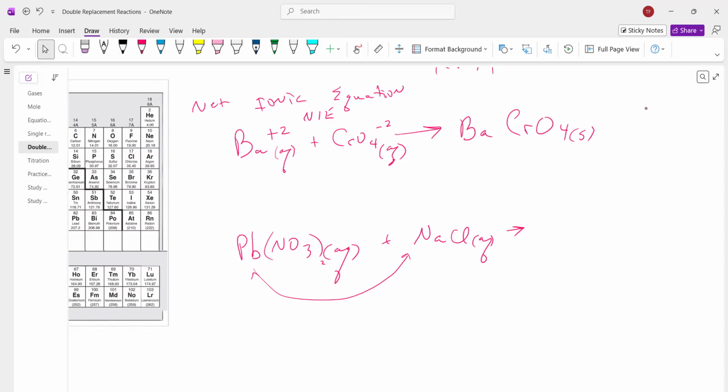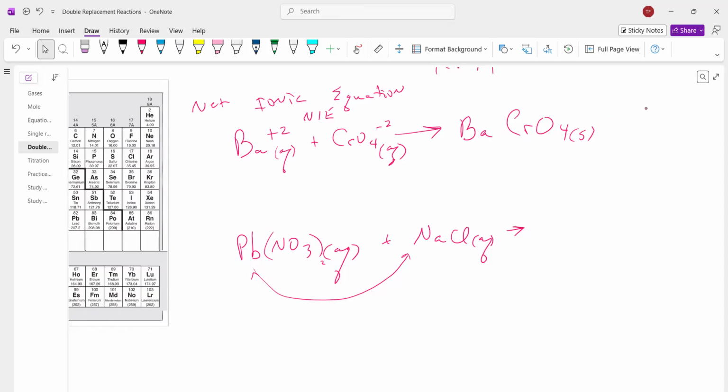Lead fluoride. Is it possible? Well, it's because I read it here. That's right. There are three exceptions to that: lead, silver, mercury. And so then what comes next, after I've determined that there's a solid? Then you write the solid.